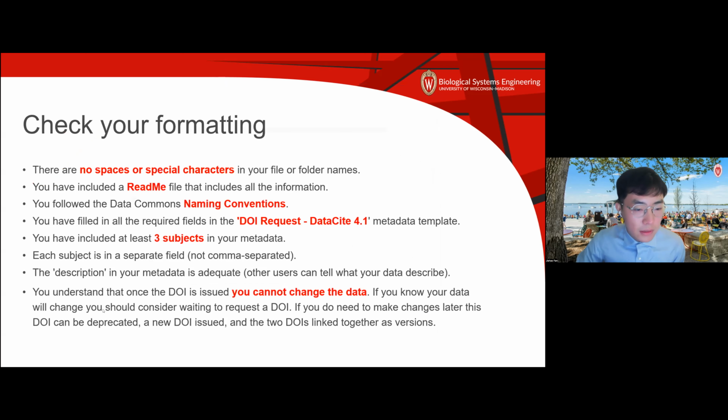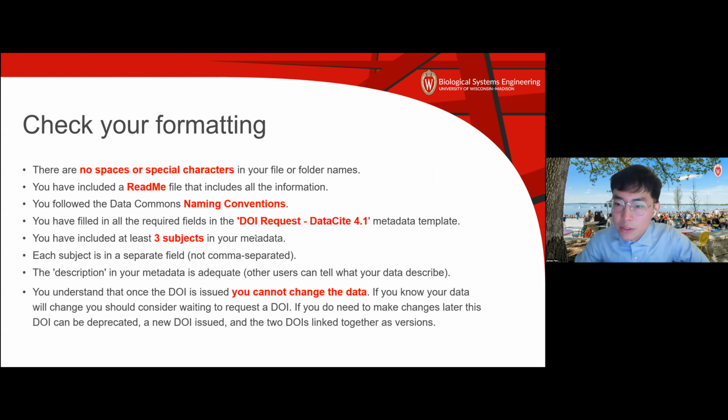And I need to stress, double check this. Once again, no spaces or special characters in your project name, and make sure you include a readme to tell others how to use your data. You also need to follow the naming conventions and add metadata.